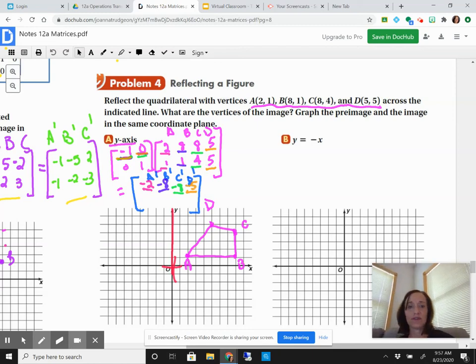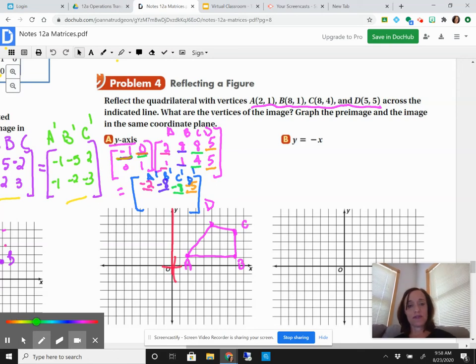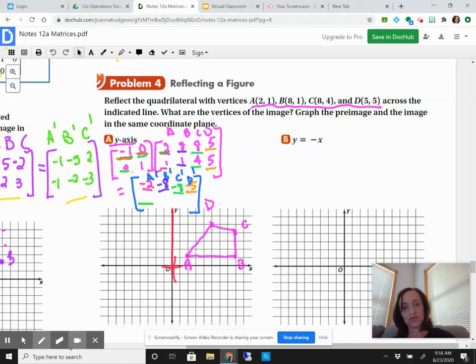So actually, what ended up happening with all those points on top is they just changed sign from positive to negative, right? Let's do the bottom row. This is the y-coordinates. So this one here, it's going to be 0 times 2, which is nothing. 1 times 1, that's 1. This one here, it's 0 times 8, which is nothing. 1 times 1, 1. In fact, what is the pattern I'm seeing?